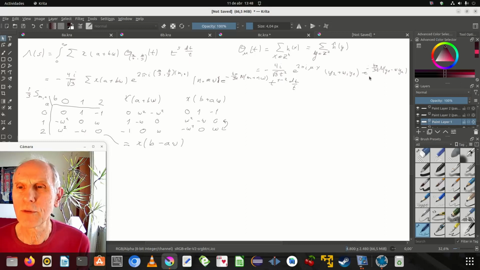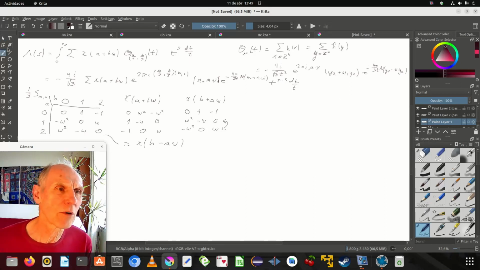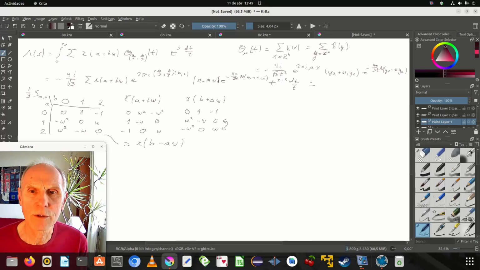I had freedom of that, that was the norm, whether I would use minus y1 plus omega y2. Oh, let's write the result, then I think it will be easy to check. This minus seems all wrong, though.